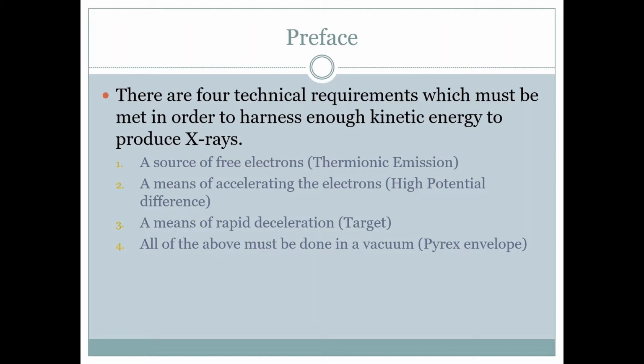Okay. Now that you've got those 2 requirements satisfied, you've got to stop them. We've taken electrons which have a mass, and we've given them a bunch of kinetic energy, a bunch of speed. The scientific way to say that is we've given them high velocity. We need to now slow them down, so we need a means of rapid deceleration.